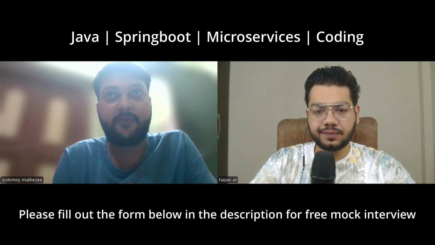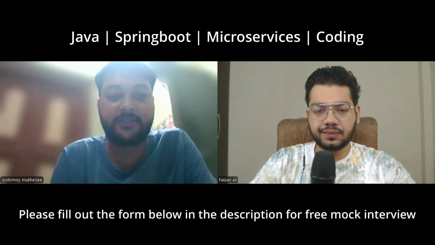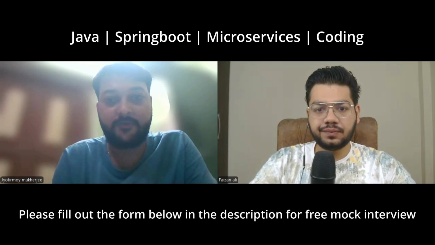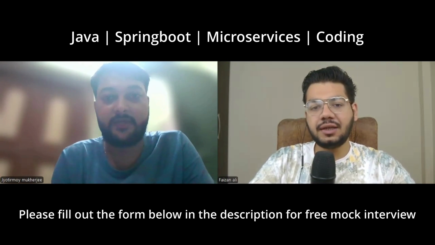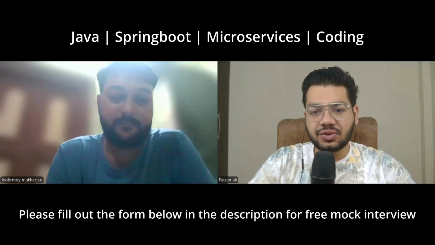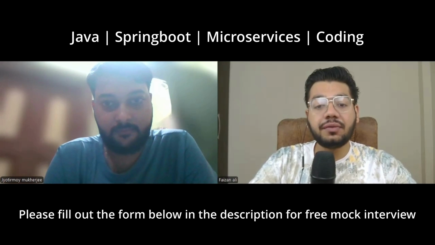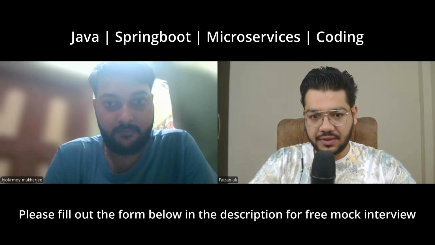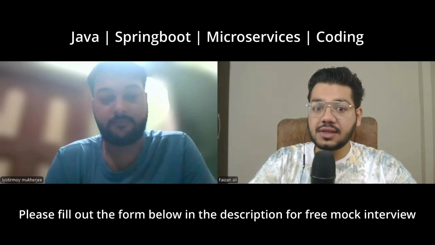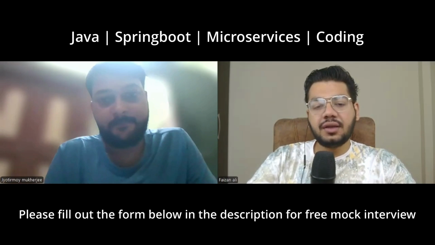But I'm not aware about CopyOnWriteArrayList. I think it's also used for multi-thread environments. Basically, CopyOnWriteArrayList does not throw ConcurrentModificationException because it creates a new copy of the list on every write operation, and hence changes are not visible to the iterator.